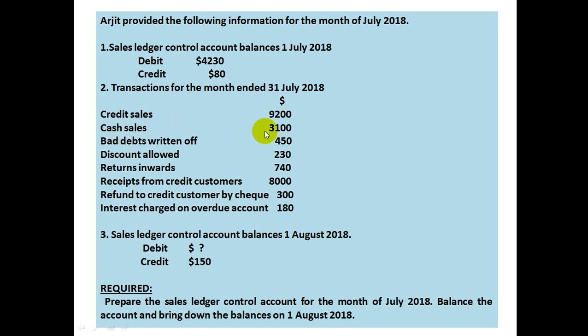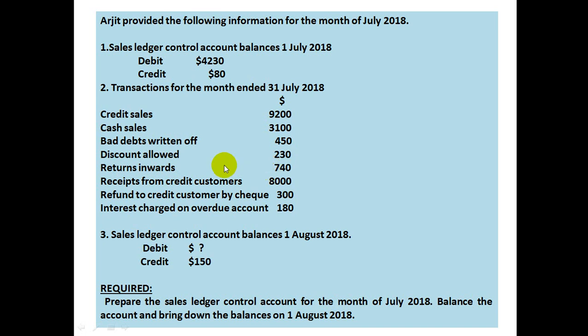Cash sales has nothing to do with the sales ledger because it is actually the trade receivable ledger, therefore we'll ignore it. Bad debts written off will be recorded in the credit side because they are decreasing our trade receivable or the sales ledger. Discount allowed will be recorded in the credit side because they are decreasing our trade receivable or sales ledger.